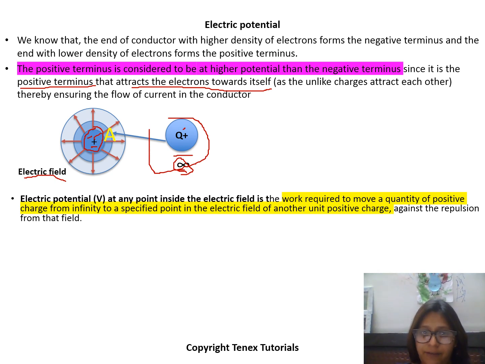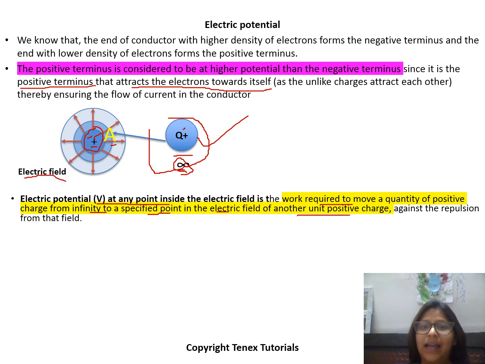Electric potential V at any point inside the electrical field, let this point be A. So electrical potential at any point inside the electrical field is equal to the work required to move a particular quantity of positive charge from infinite distance to a specified point within the electrical field of another unit positive charge.